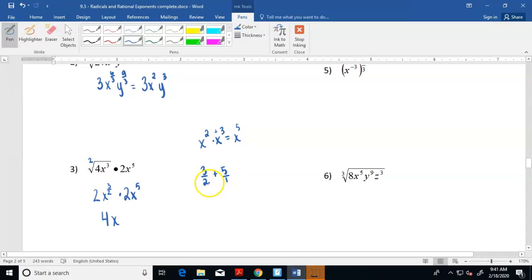What number would you get on the bottom of the fraction so they match? 2. Right, so the first one's fine. This one, we'd have to multiply by 2, right? So we'd have 3 over 2 plus 10 over 2. What will we get when we do that, Adam? Adding 13 over 2. So we would have 4x to the 13 over 2.